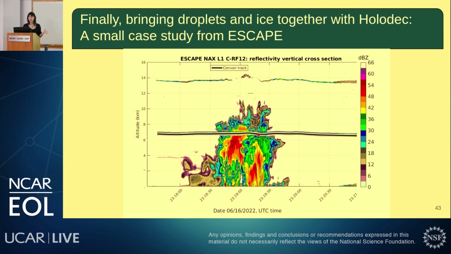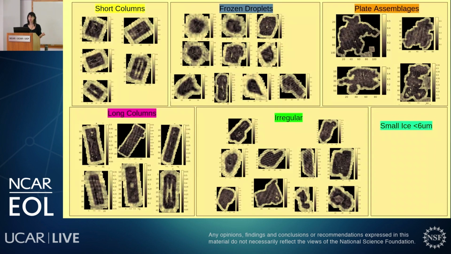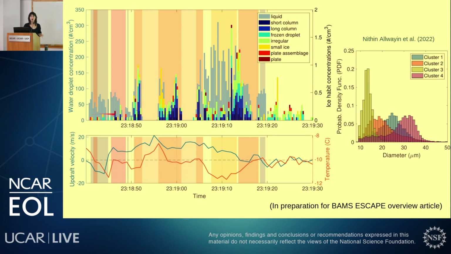So we collected the holodeck data from that, and it contained both ice crystals and liquid water droplets in the same holograms. So I took all the ice crystals and classified them into different crystal habits, shown here. And now on the x-axis, we are plotting a time series as we pass through the cloud.